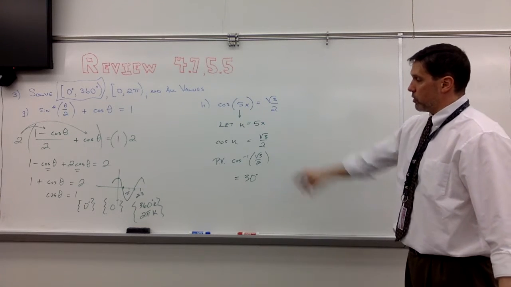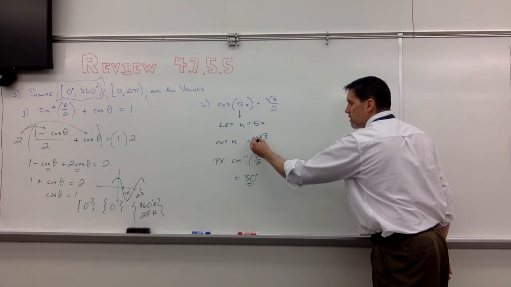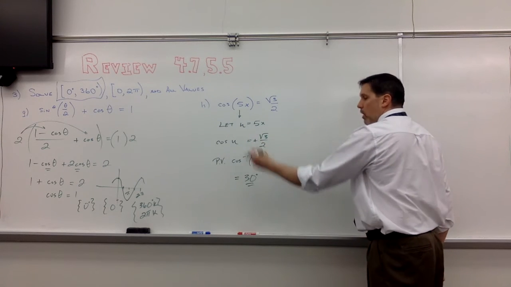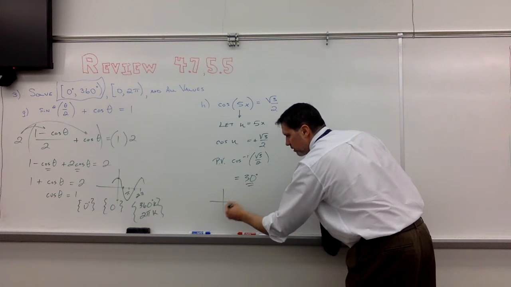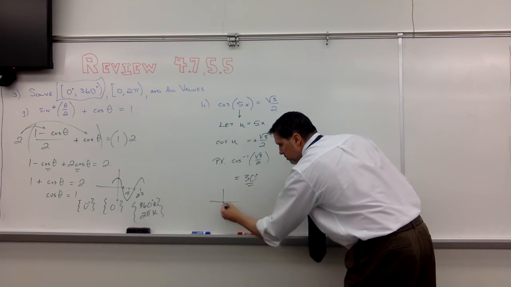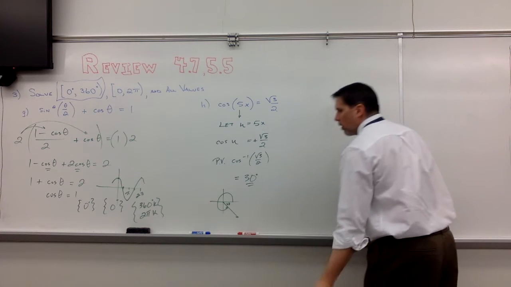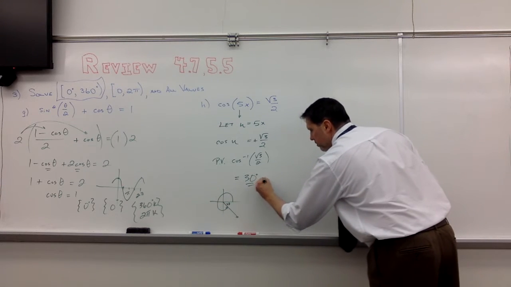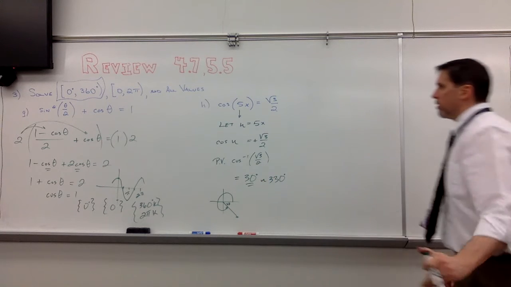Now, as far as 0 to 360, where else is cosine positive besides quadrant 1? Well, the answer is it's also positive in quadrant 4. So we draw a reference of 30 in quadrant 4, which makes for 330. So I just put next to this 330.